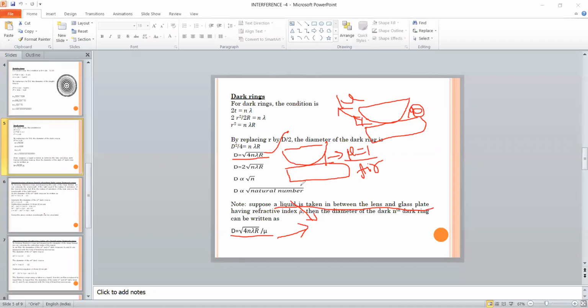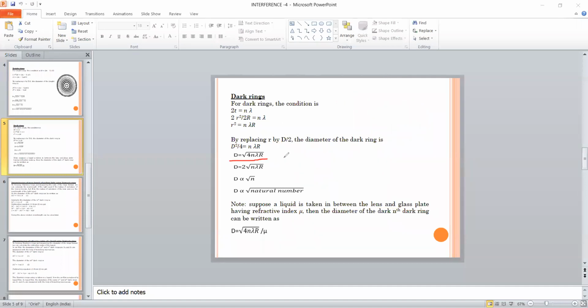This idea we use to determine the refractive index of the liquid. Once again, I repeat. This is the expression for the diameter of the dark ring in air medium. Air is the medium between the plano-convex lens and glass plate.